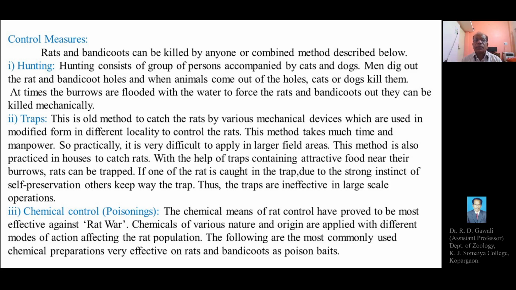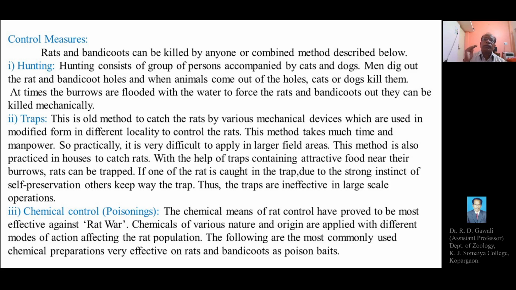Thus, the traps are ineffective in large scale operations because only one rat may get caught, but the others will move away for self-protection.